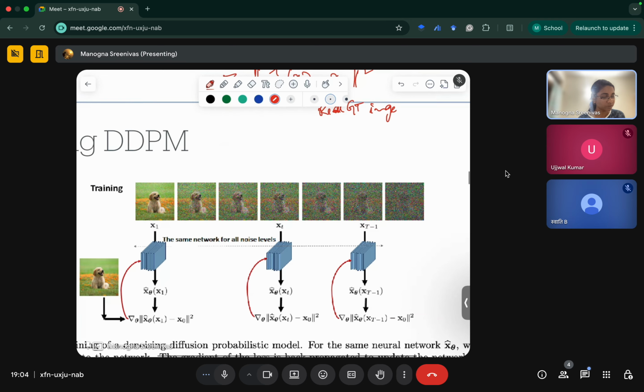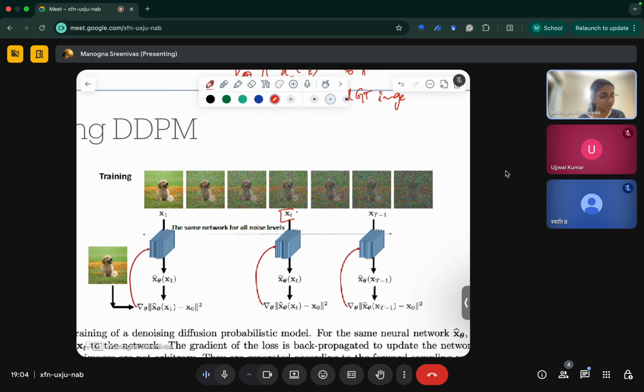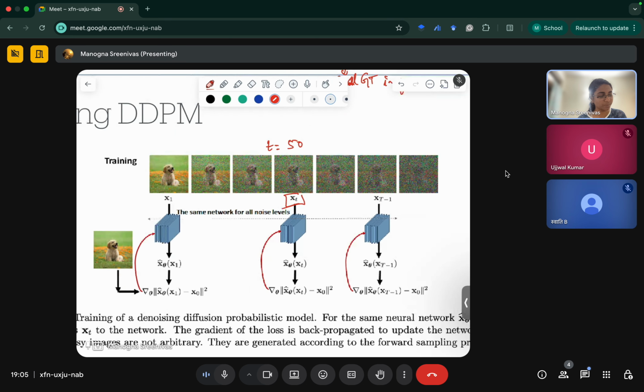So you choose some random t, suppose t is equal to 50, and I get this noisy image. I compute xt using that equation which I had. So this xt, I pass it through the decoder, I get this, I put this loss, I compute the gradients, and I update the network with respect to it. So I keep sampling different time steps throughout.